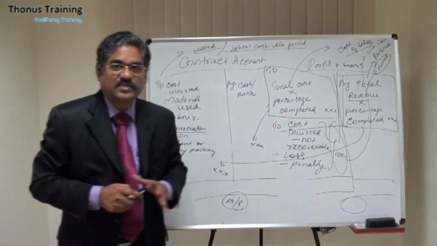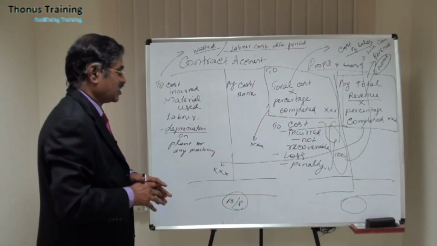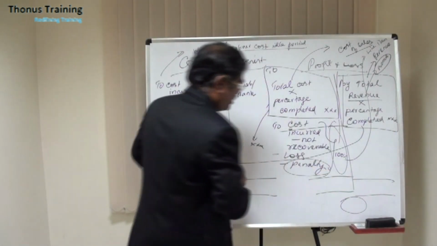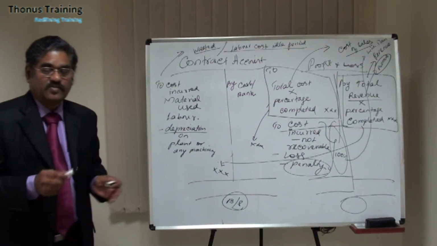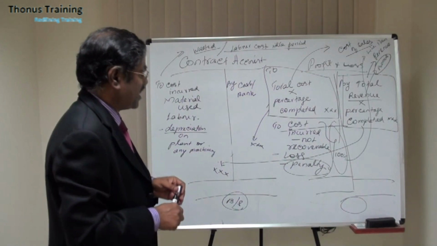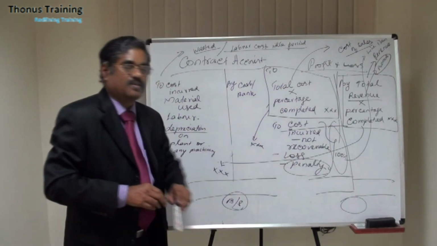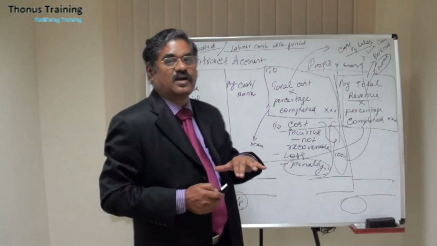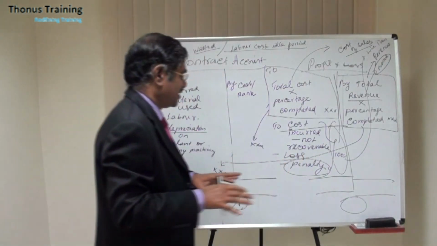Otherwise, it will be only a contingent asset that will not come into the picture at all. But if there is a penalty element and you are very confident that you will be able to escape that penalty, there are no issues. But if you feel that you may have to pay the penalty, then you create a contingent liability and you have to provide a separate note.